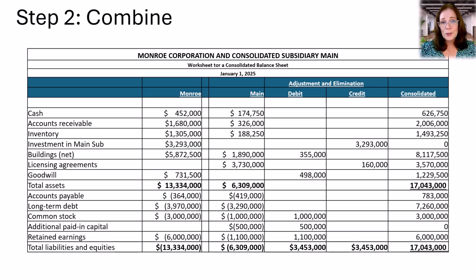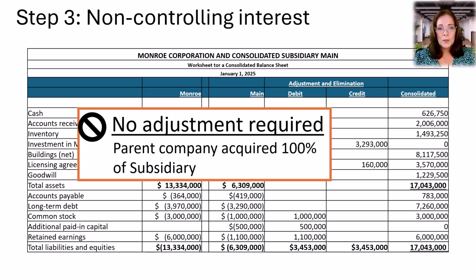So consolidation accounting isn't as complicated as you may have thought, as long as you know the required steps of adjusting, eliminating, and combining. For step 3, we also adjust for the non-controlling interest if the parent company owns less than 100% in the subsidiary. That's not the case here, and we're not recording any adjustments here.